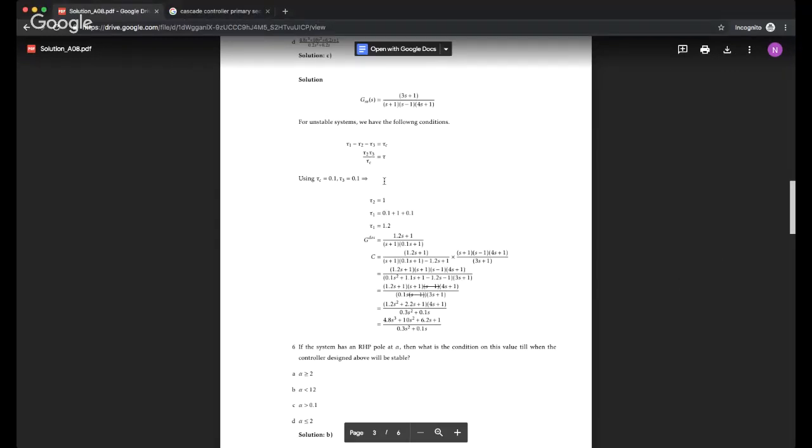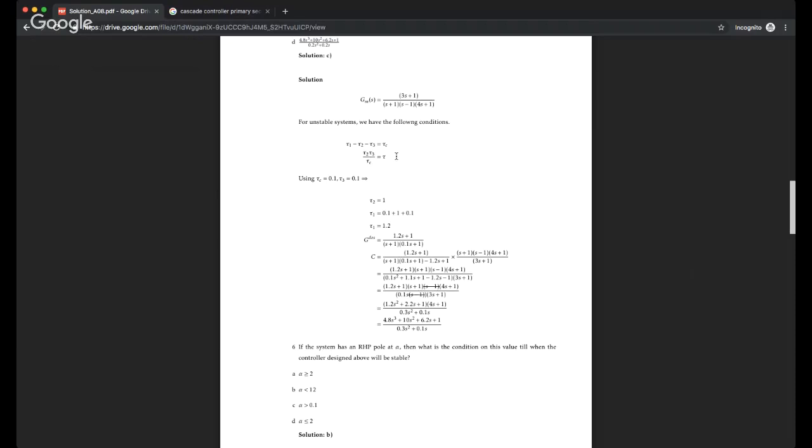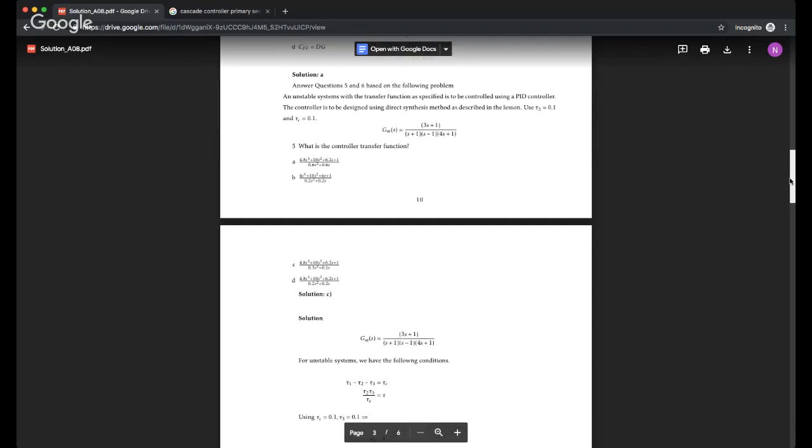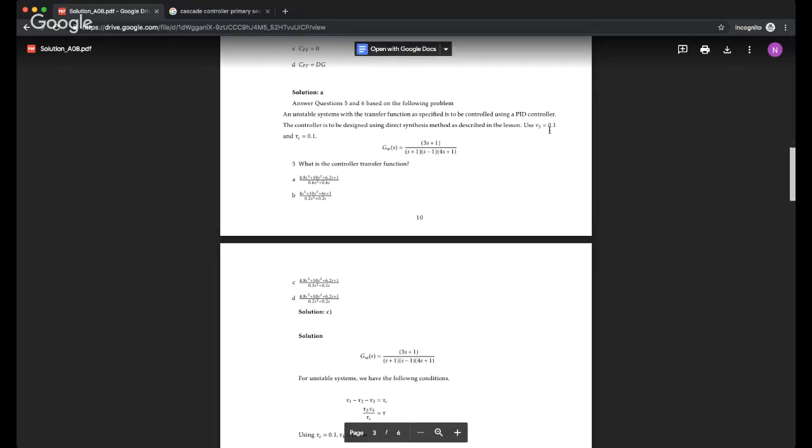So what we have is two equations, where only tau and tau c are known. We have to compute 3 more variables with 2 equations. Because of that, we have to assume one variable. So what I have assumed is that tau c and tau 3 are given in the question itself.